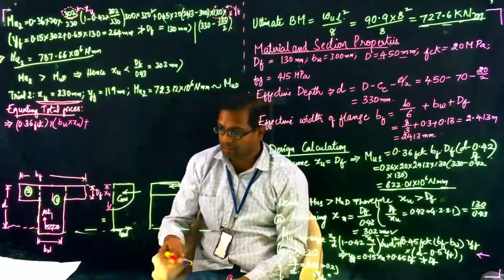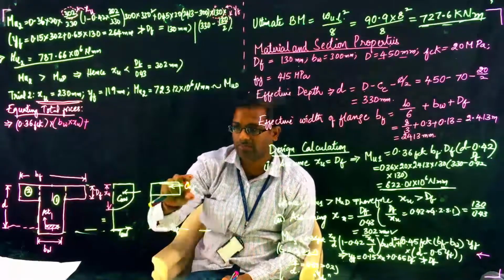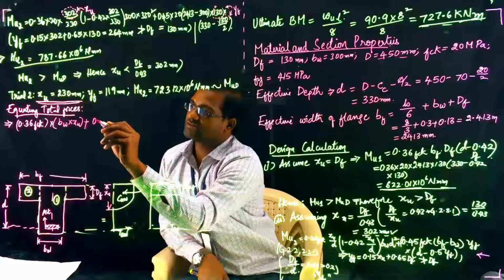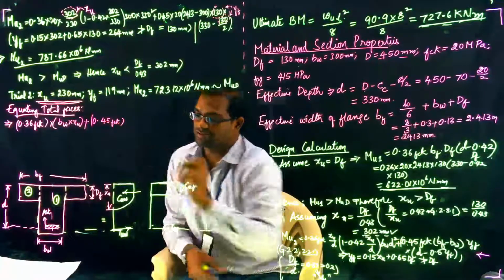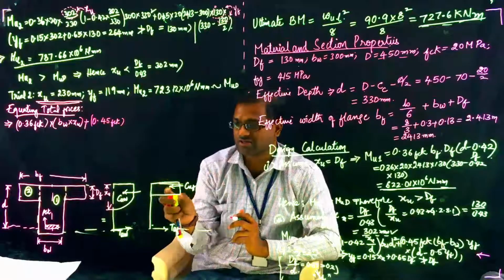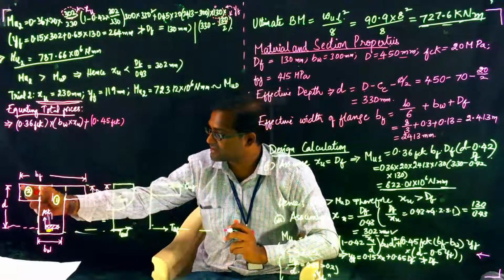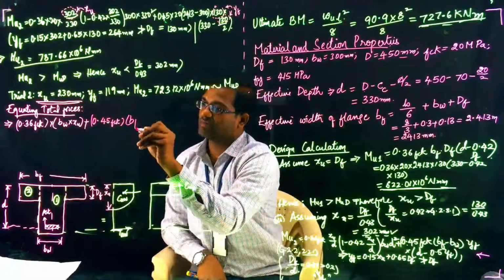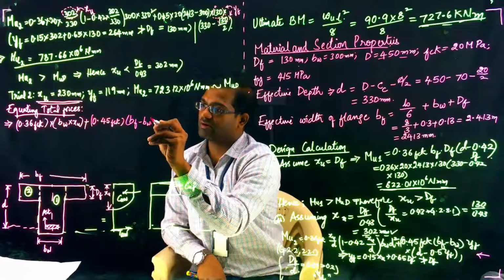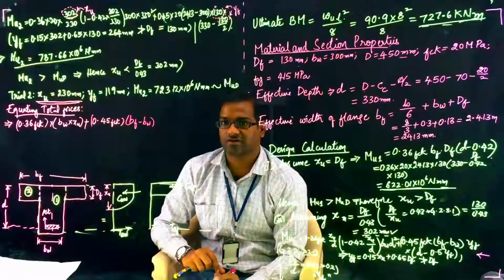Then you need to add the compressive force from the flange, which is 0.45 FCK, the stress intensity, multiplied by the area of these two small portions, which is BF minus BW into the depth of this section.